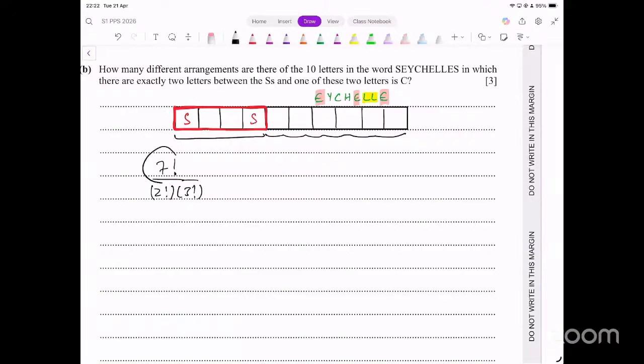7 factorial divided by 2 factorial for those repeated letters. So now we have arranged these remaining letters. Now the problem is, which 2 letters are going to come in these 2 positions? That's the question now.